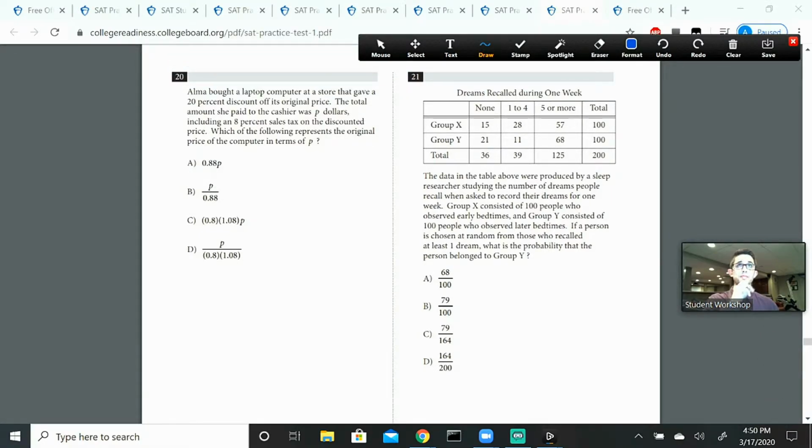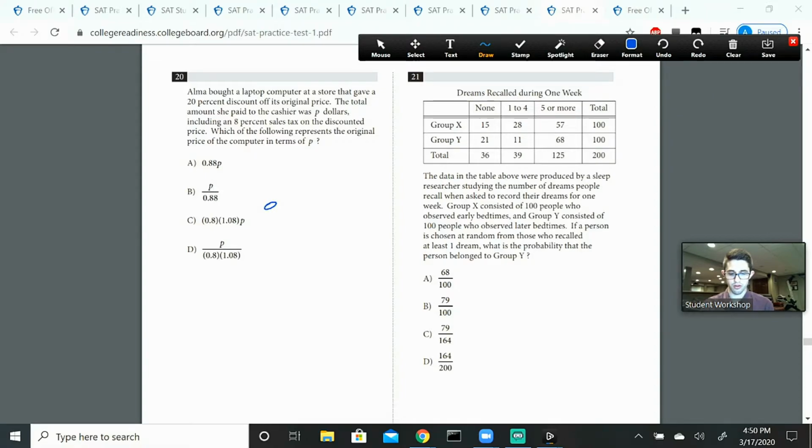Now what I'm going to do is try and set up the original idea. Instead of trying to guess at which answer makes the most sense, I'm going to set up the original equation based on the price of the, what was it, a computer? Yeah, a laptop. And then what manipulation is happening from the discount and the tax, and see how that affects the ending price.